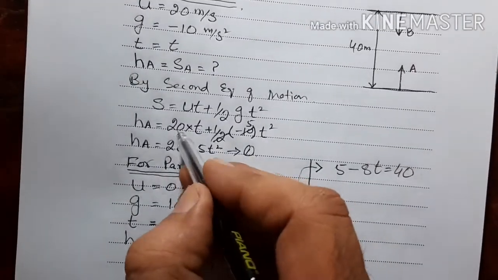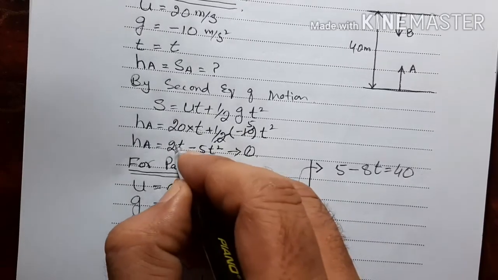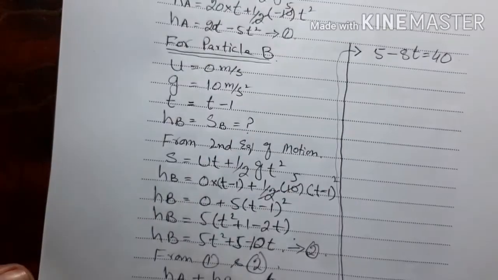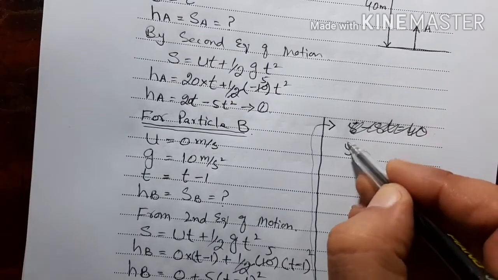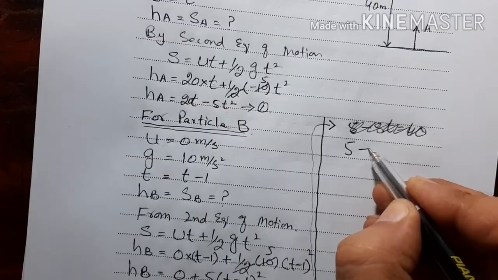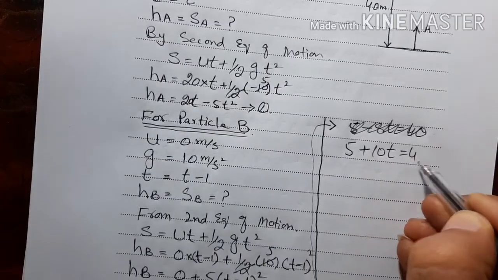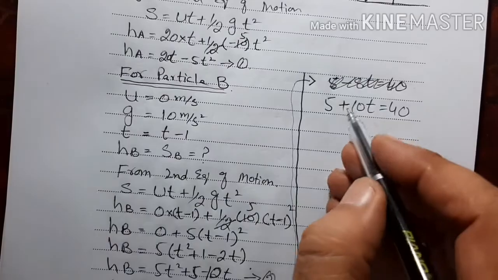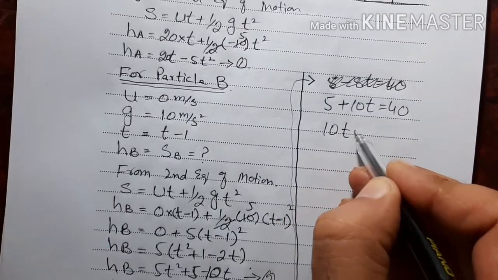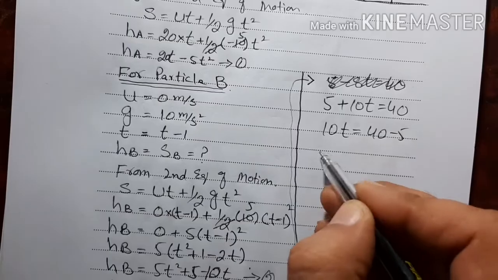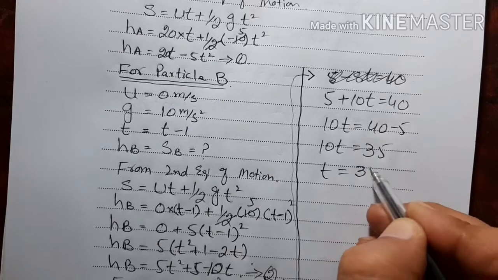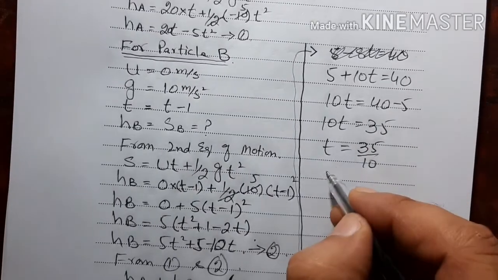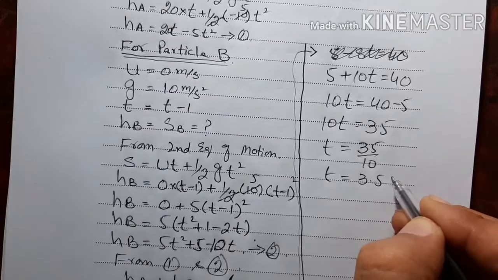Sorry, this is 20 actually, 20t, so this is 20. So 20t minus 10t, this will become 5 plus 10t is equal to 40, and 10t is equal to 40 minus 5, 10t is equal to 35, t is equal to 35 over 10, which is t is equal to 3.5 seconds.